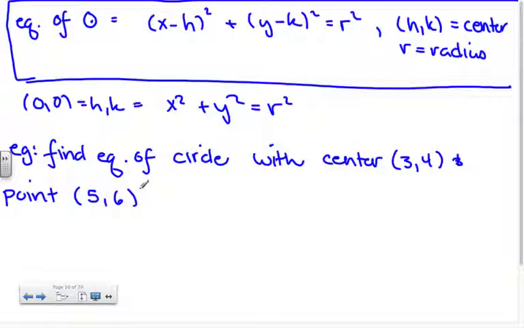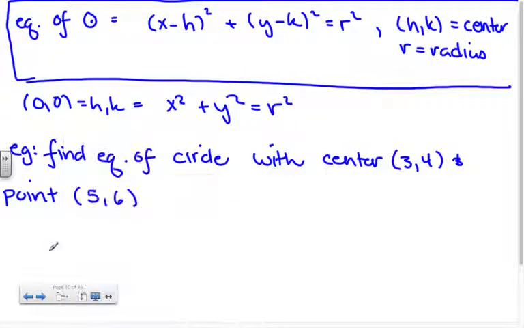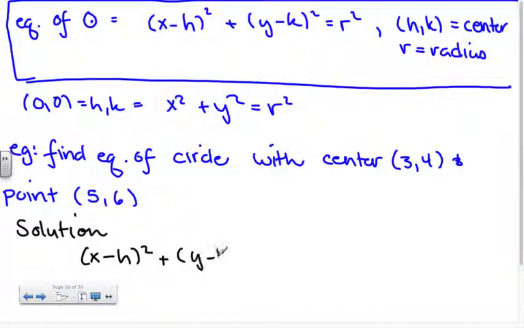So let's just use the equation of the circle that we have here. We have x minus h squared plus y minus k squared equals r squared. And we have the point xy, which is this one, and we have the hk there, which is the center.